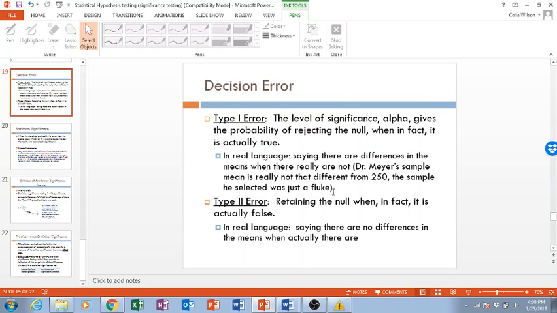I know that's a crazy example, but say for some reason his sample actually was not representative of homeschooled fourth grade students, and the population mean really is right around 250, then if we retain the null when in fact it's actually false, and we say there are no differences in the means when there actually are, we've committed a type 2 error. So rejecting the null when we should not have is a type 1 error. Retaining the null when we should not have is a type 2 error.